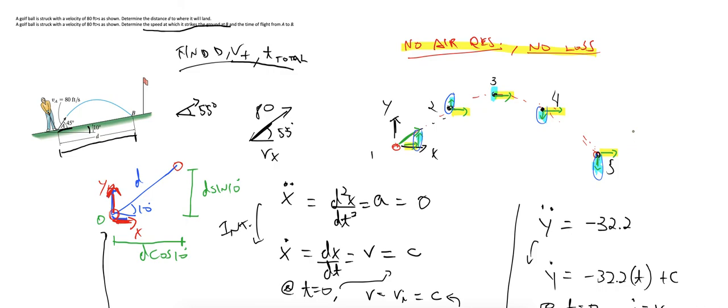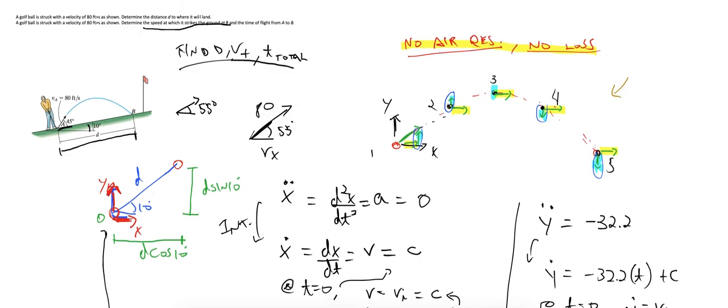The takeaway is that projectile motion always resembles something like this, this parabolic shape. No air resistance, no loss, allows us to model it that way, right?